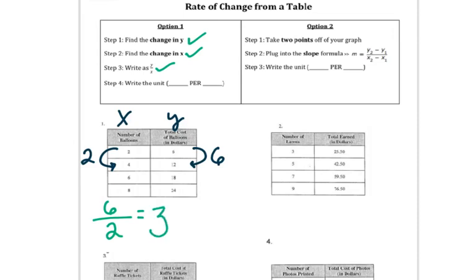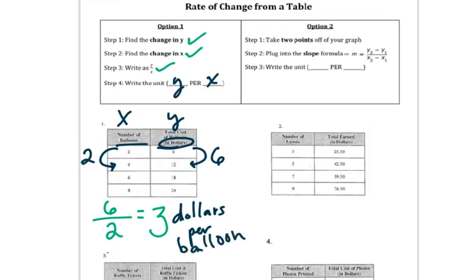So now it says write your unit as y per x. So in this example here, the y's were the dollars. It was the cost of balloons. So this thing is going to cost $3 per, and the x is talking about balloon.